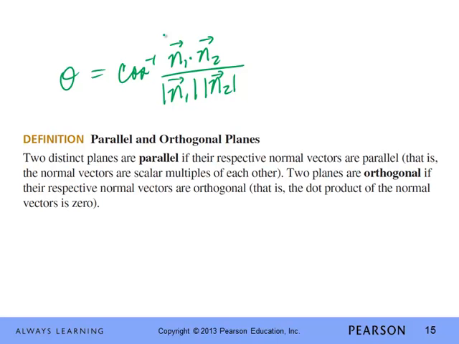Okay, no surprises there. And in particular, if the two normal vectors are parallel with each other, what will this give you? What will this quotient be? If N1 is parallel with N2.